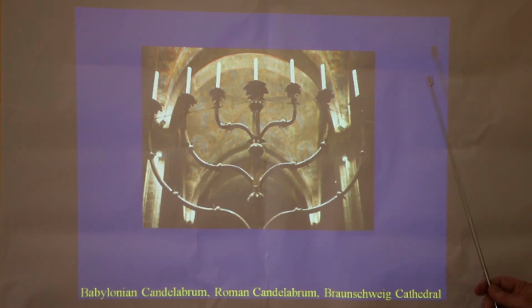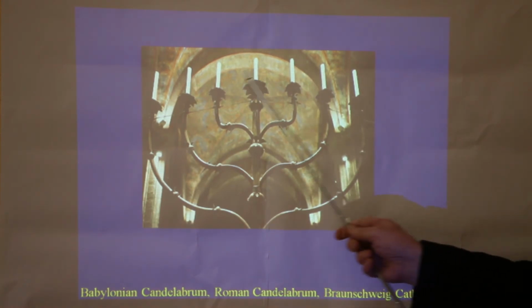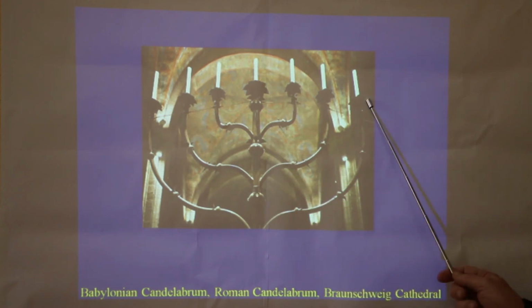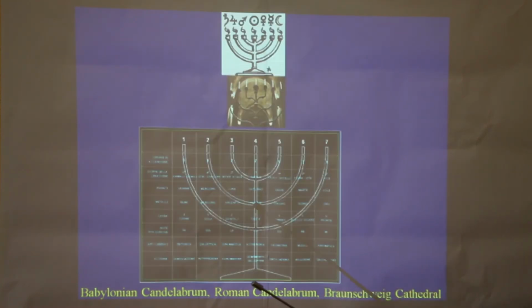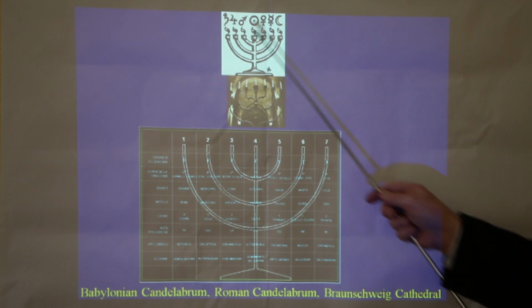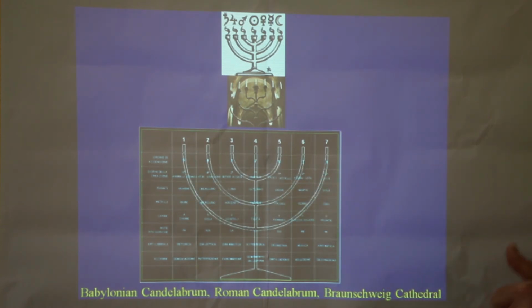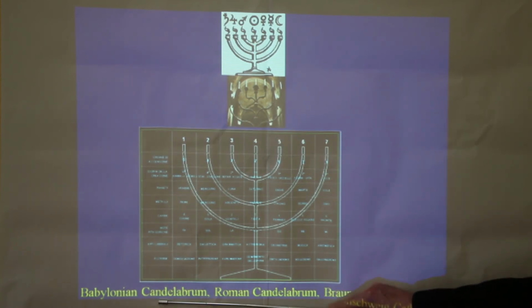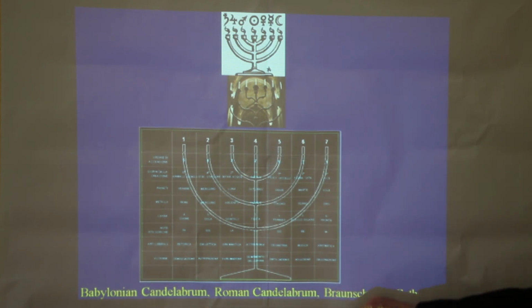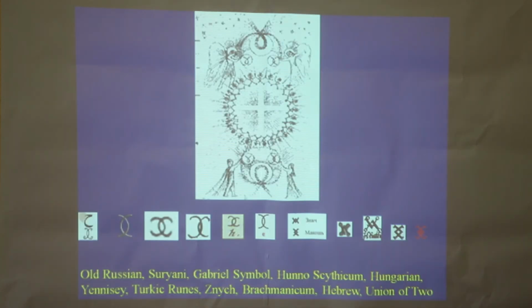And as it goes west, the 7 double letters become the 7 candles. The 7 candles become the 7 planets, and then they become the 7 notes, the 7 chakras, the 7 colors, the 7 liberal arts, and the 7 everythings. And it becomes then a framework for the whole of knowledge.